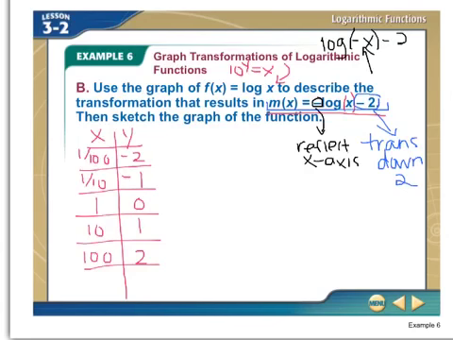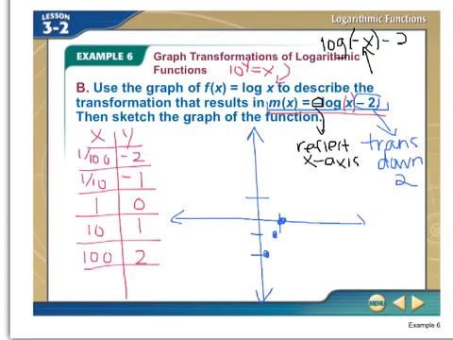So what I need to do here is come up with a graph of f of x, which we already had on the last page. And I'm going to use that graph to help me graph m of x. So here we had the function, let's just say this is what the graph of f of x looks like.